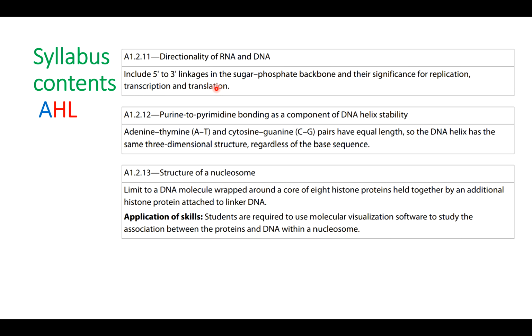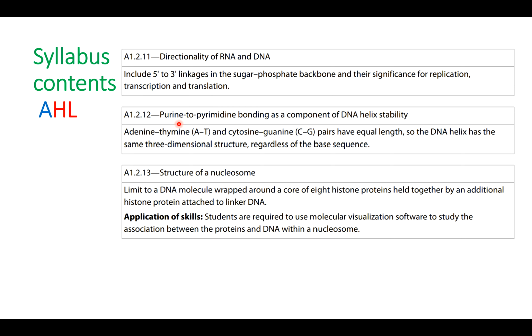So where the linkage is going on, we'll talk about all these things in detail, but we are not going into the detail of the process. Rather, we will see how the 5' to 3' linkage goes in the sugar phosphate backbone in terms of the replication process, transcription process, and translation process.